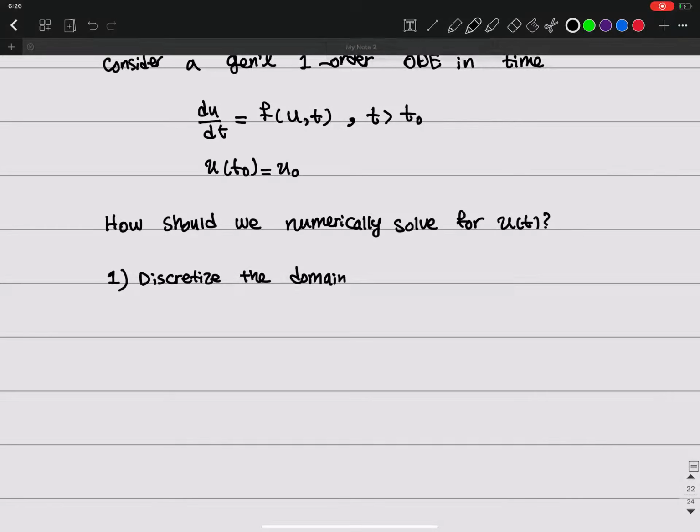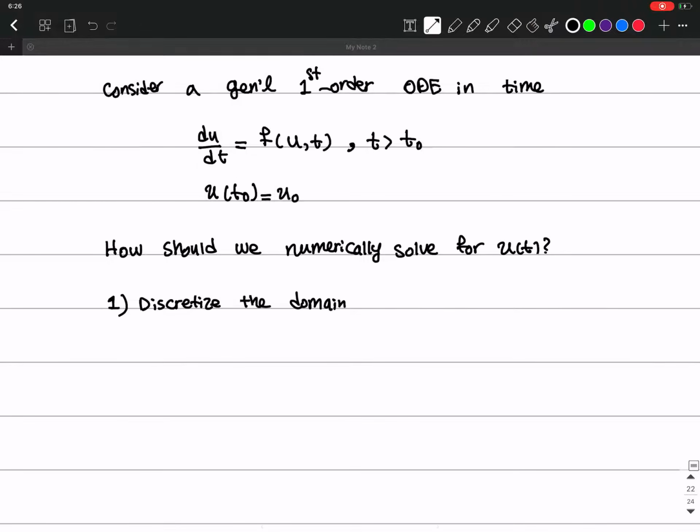Now the difference is we are marching in time, we are progressing in time, right? So I'm going to have something like this. If this is your time axis, here we have t0 at time 0, and then here we have t1, then t2, and this goes on and on.